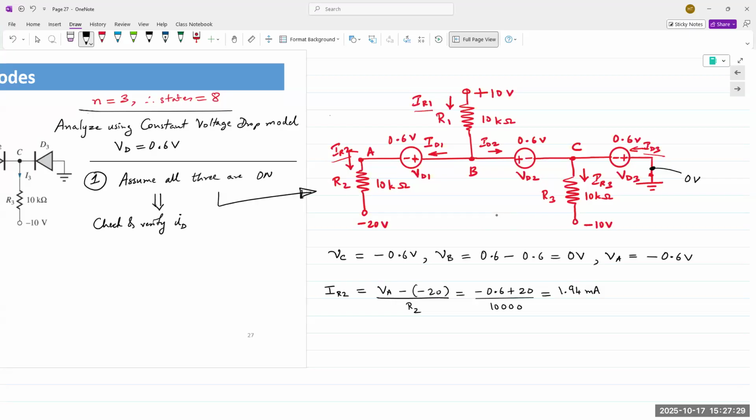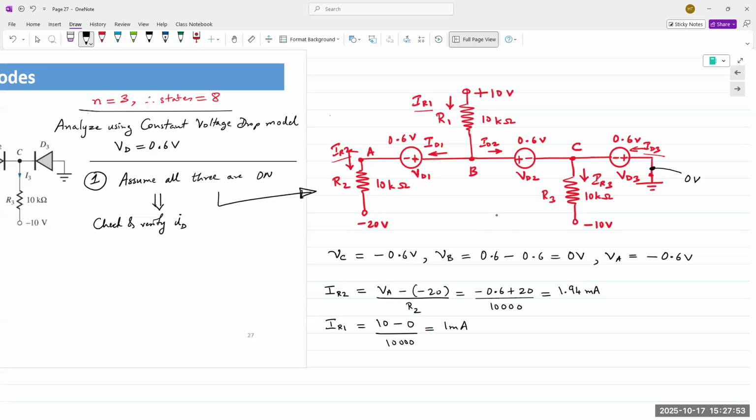The next one I would like to find is IR1. IR1 is rather straightforward. Simply 10 volts minus VB, which is 0, divided by 10,000. So 1 milliamp.